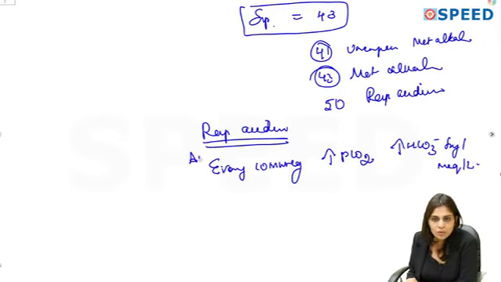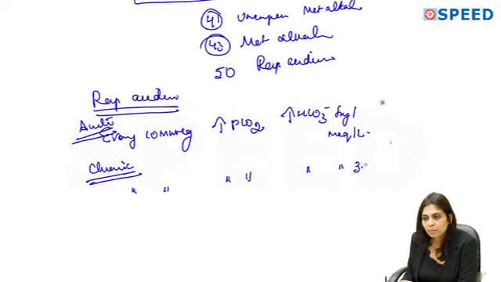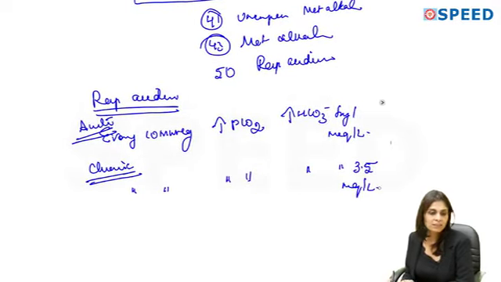This is for acute compensation. For respiratory disorders, there is always an acute compensation and then a chronic compensation. For chronic compensation, for every 10 millimeter of mercury increase in PCO2, bicarbonate will be increased by 3.5 milliequivalents per liter.